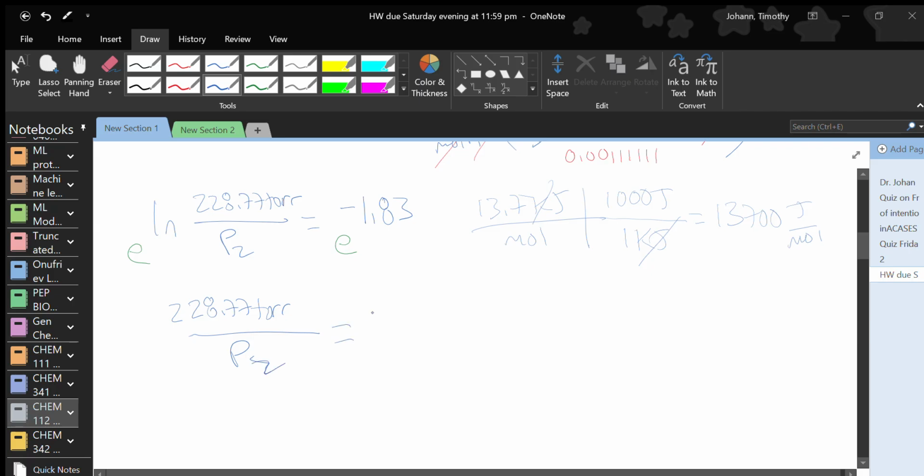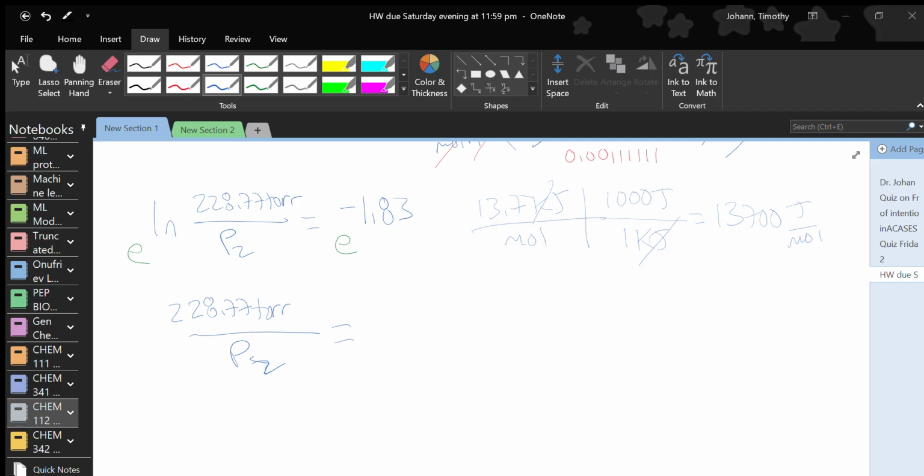On the other side, we spent some time working on this in our calculators in the last class. Everybody's calculator is going to act a little bit differently. So I have an e key. What I would do is put in 1.83 and make it negative.